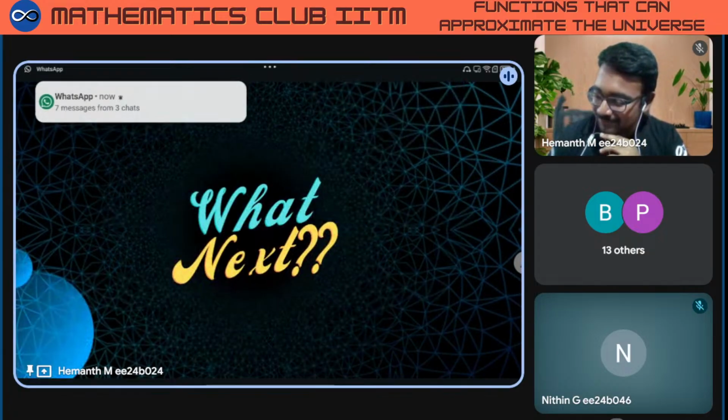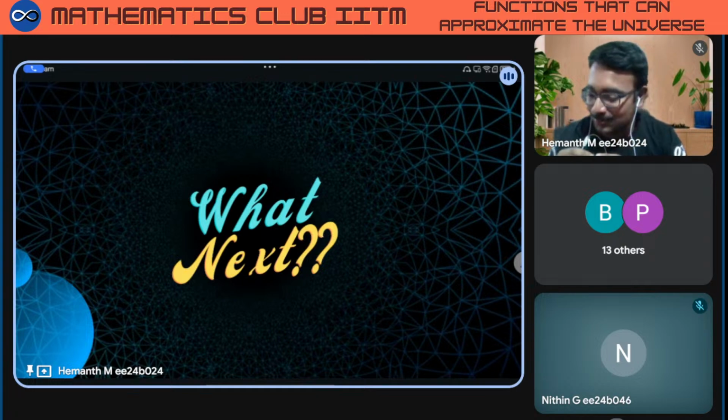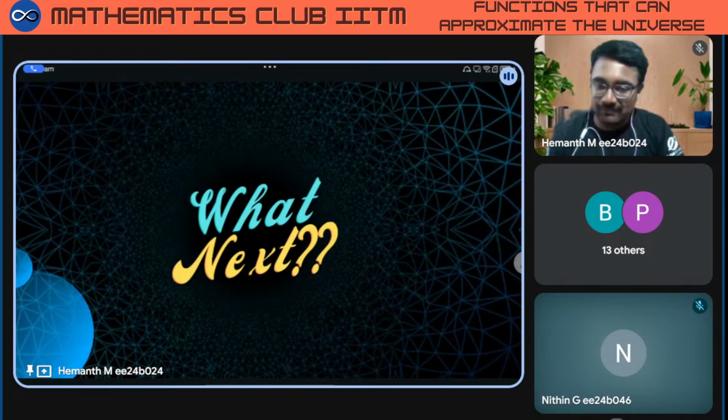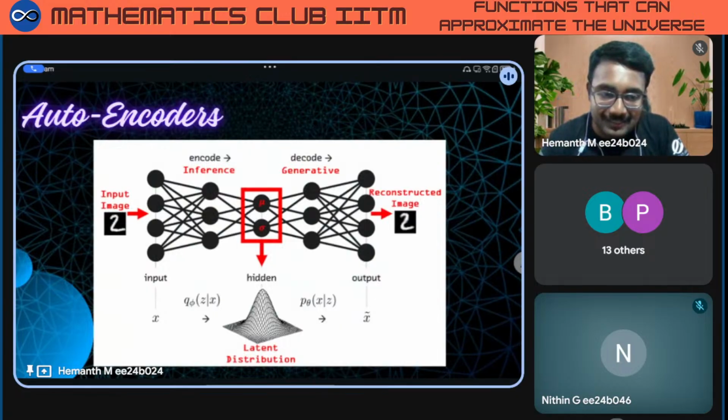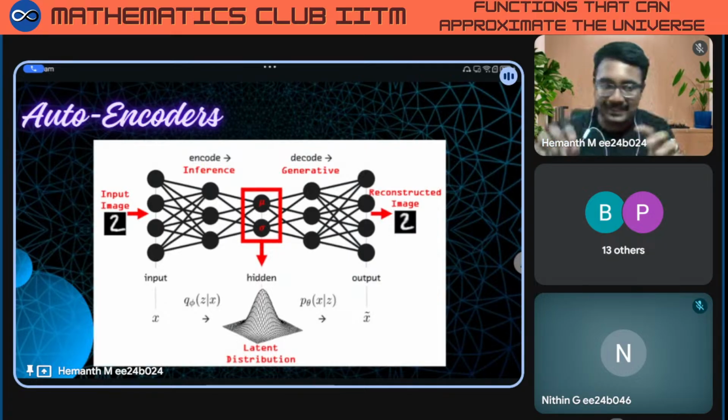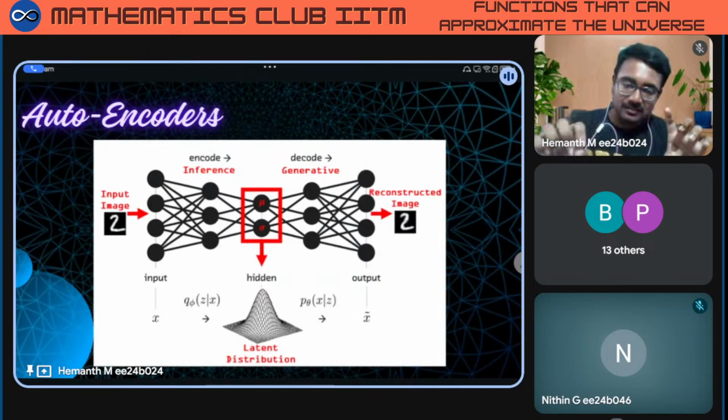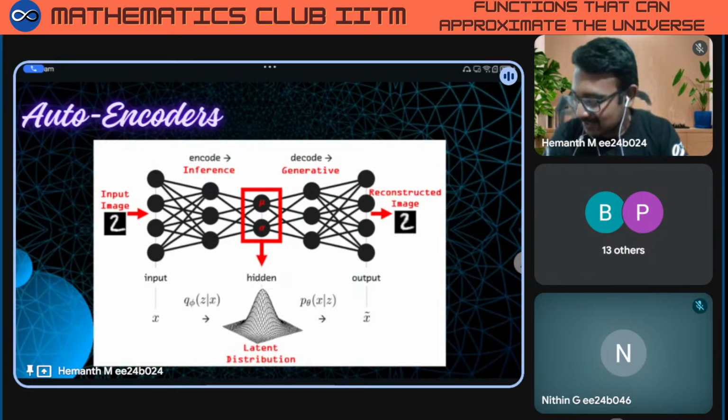So now I'll just show some small things to tell you what all are the recent advancements in this mathematical modeling in the same journey if we continue further. There is one type of model known as autoencoders, where we use such fully connected networks to reduce the input space to something known as a latent space or latent dimension distribution, and from that we try to reconstruct the original input.